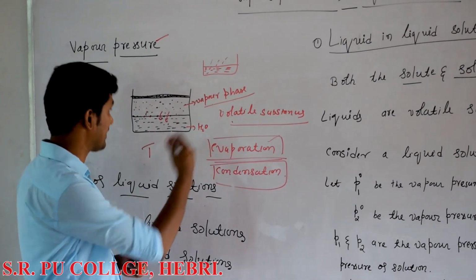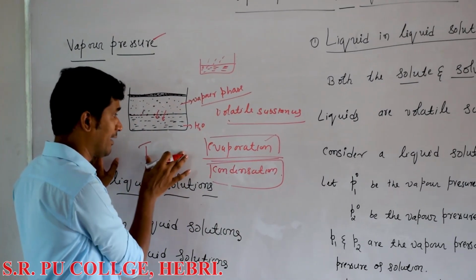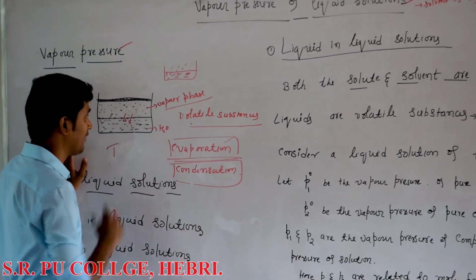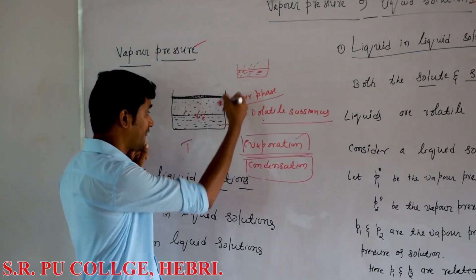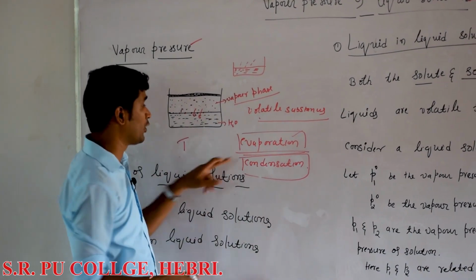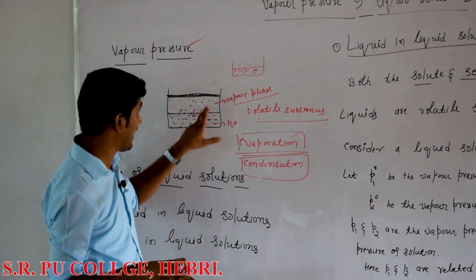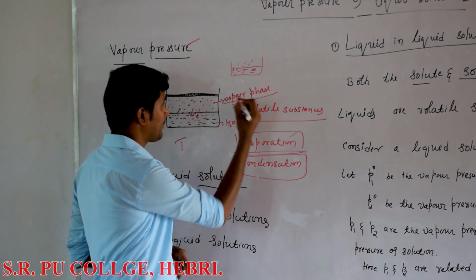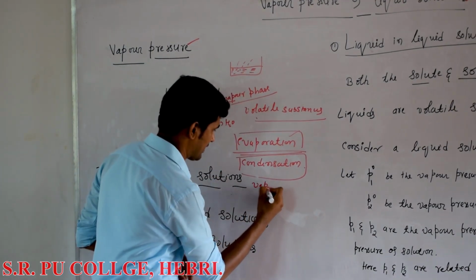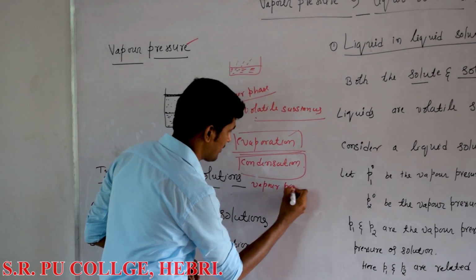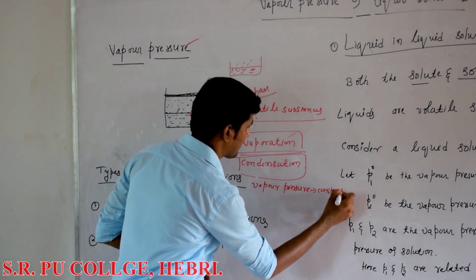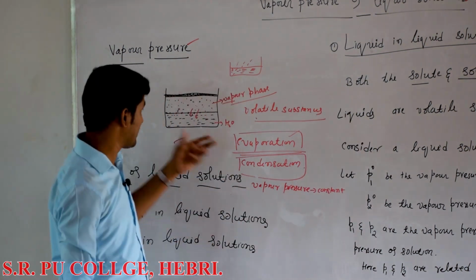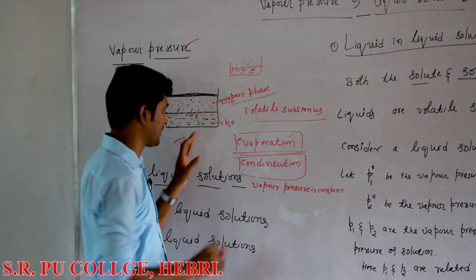Here also, we get a dynamic equilibrium state in which the rate of evaporation of the liquid becomes equal to the rate of condensation. At this time, the vapor pressure of the liquid becomes constant. The vapor pressure remains constant and does not change at that temperature T. It is also known as saturated vapor pressure.